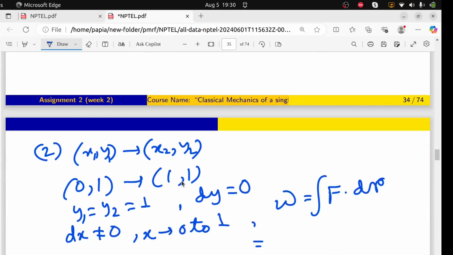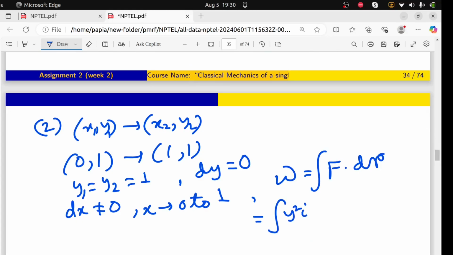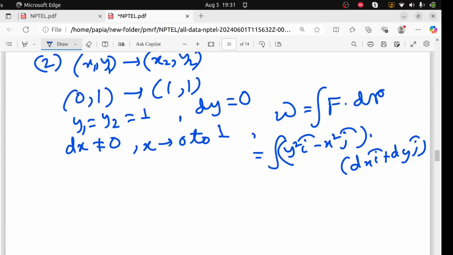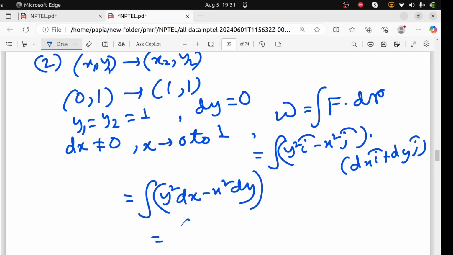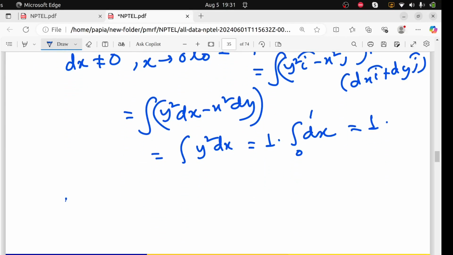F is y square i cap minus x square j cap dot dx i cap plus dy j cap. So as I told, dy equals to 0, so that means it's simply y square dx minus x square dy, and dy equals to 0, so it's y square dx. So y square, y is 1, so that means it will come as 1 integration dx, and it is 0 to 1, so it will be simply 1. Okay. So the W2 will be 1.